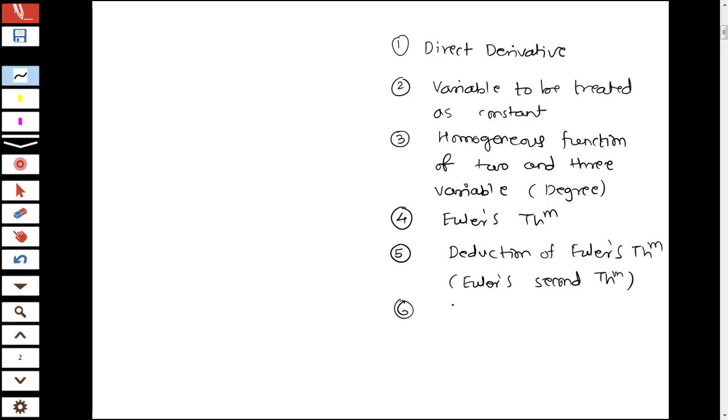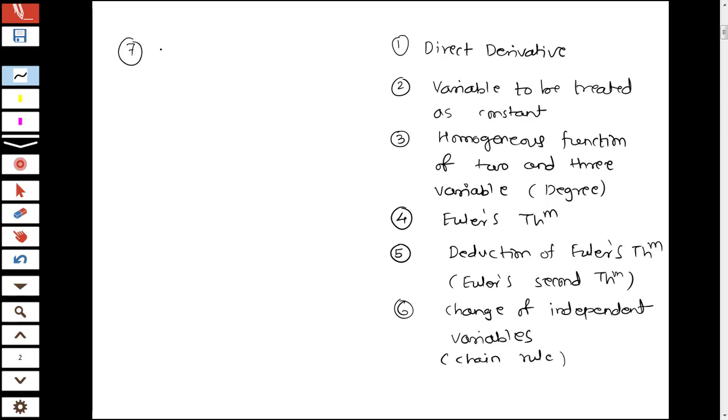Then we may have some examples on change of independent variables, or we may simply call it the chain rule related to functions containing more than one independent variable.